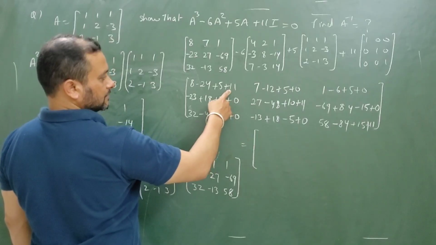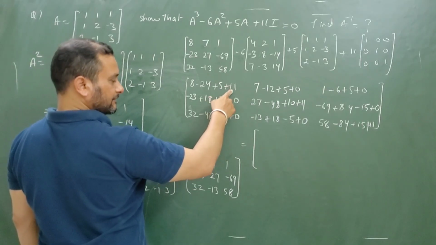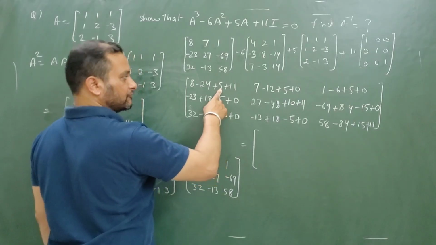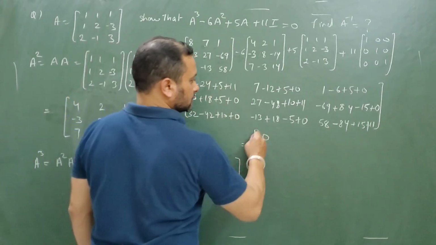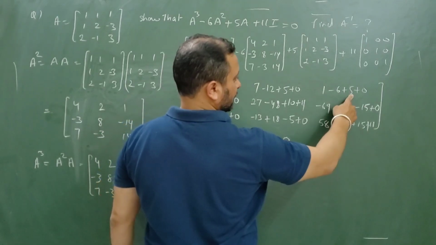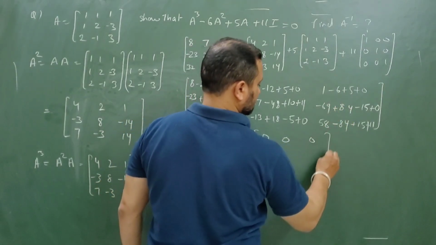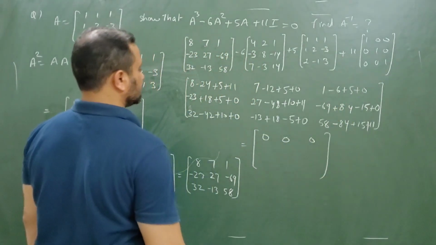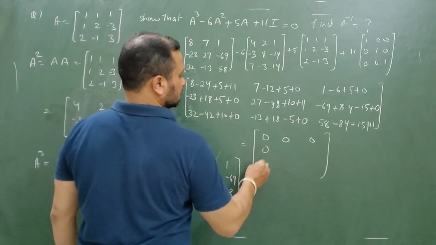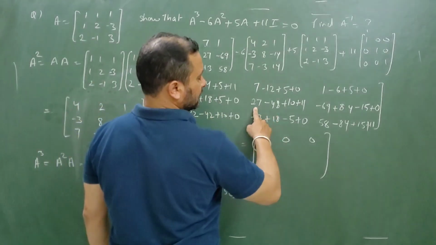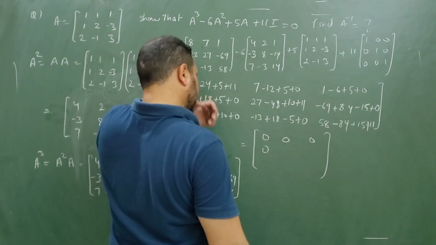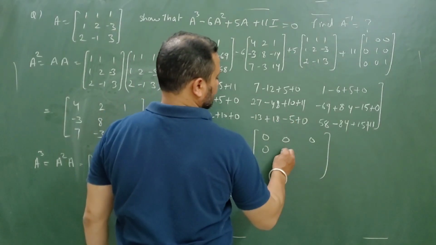So here check out: 11 8 19 plus 5 24 plus 24 minus 24 is 0, 7 5 12 minus 12 is 0, 5 plus 1 6 minus 6 is 0. The first row becomes 0. The next one is 18 plus 5 23 minus 23 is 0. 48, 27 plus 10 37, 37 plus 10 47 plus 1 48 minus 48, this is also 0.